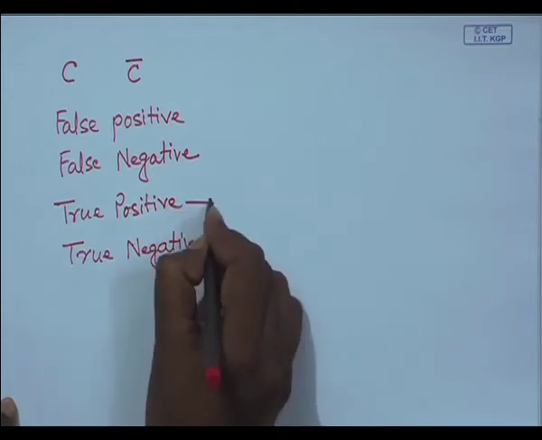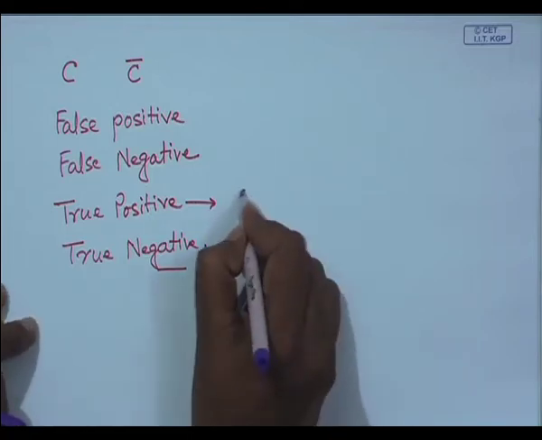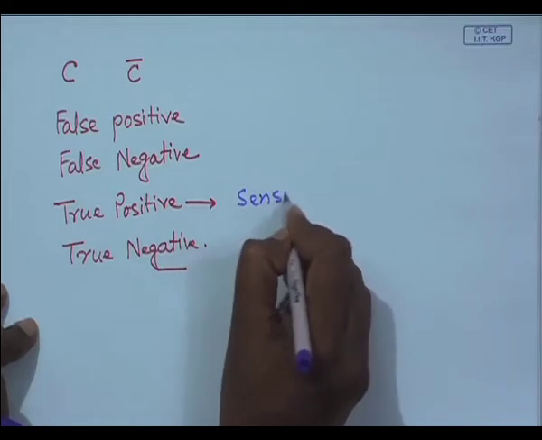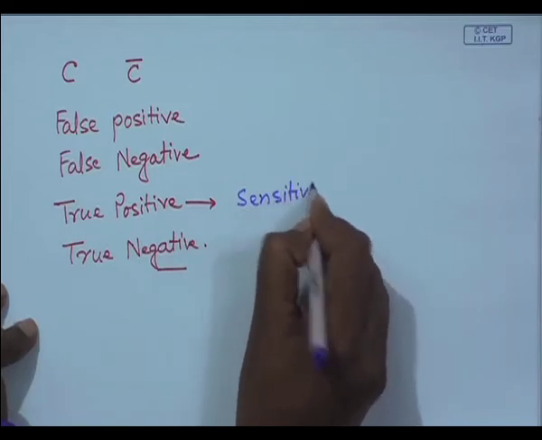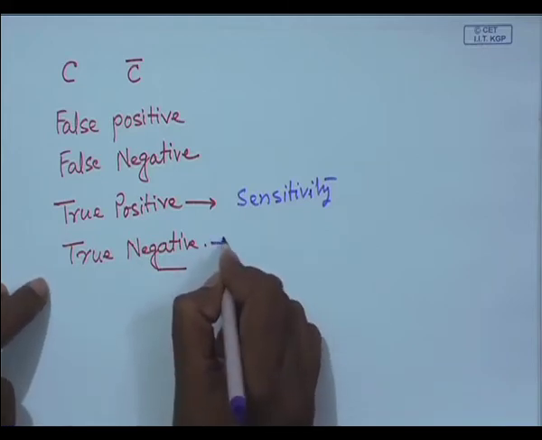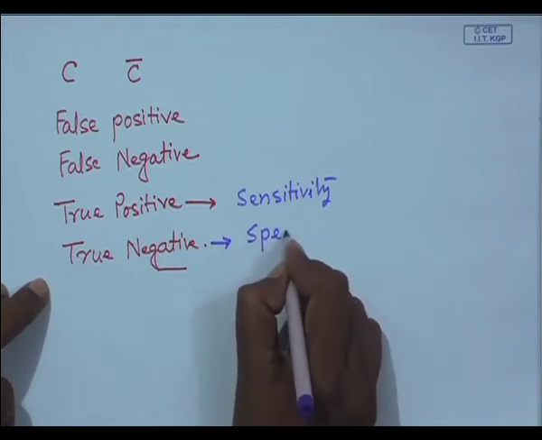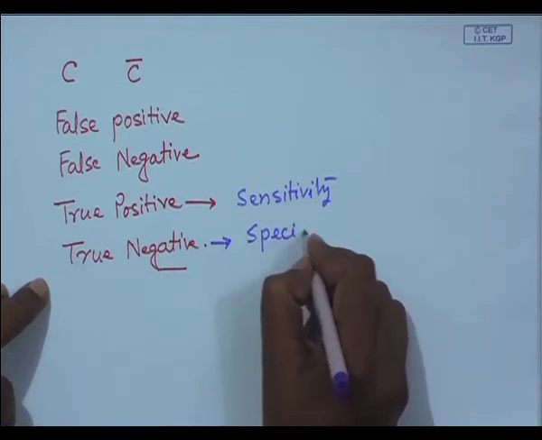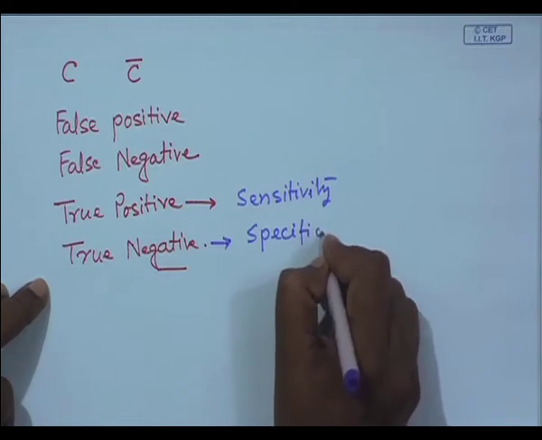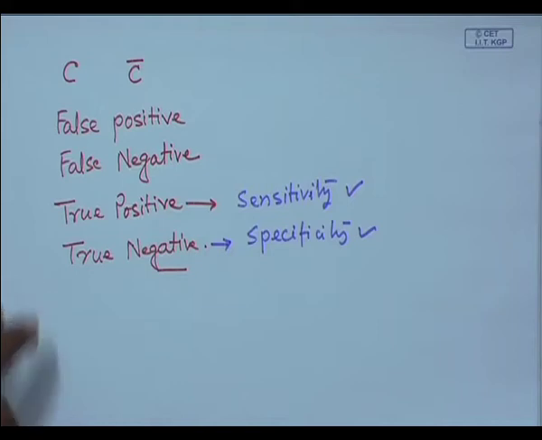The rate of true positive is also called the sensitivity of the classifier, and the true negative rate is called the specificity of the classifier. So, I have these two terms, sensitivity and specificity.